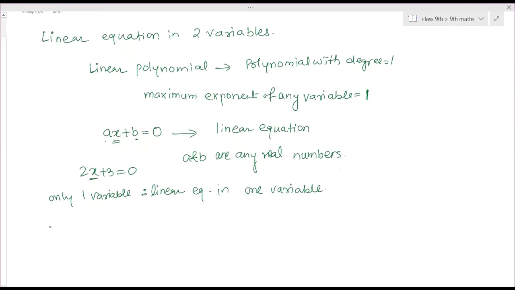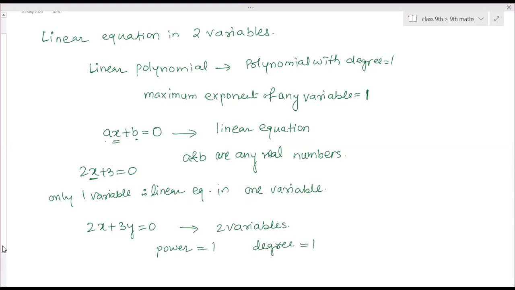Now if I write this as 2x plus 3y is equal to 0, how many variables are there? Two variables. What is the power of both of them? 1. Power of both of them is 1. That means the degree is 1.